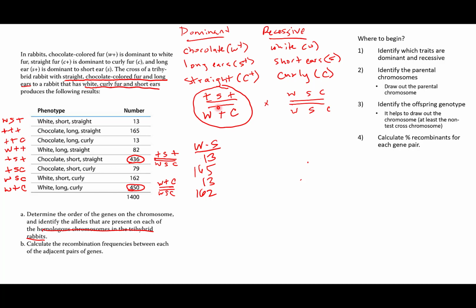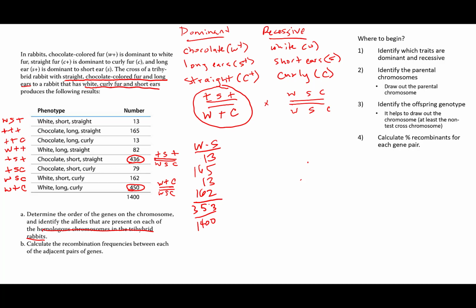So now I add these up. 13, carry the 1. 7, 8, 9, 15 plus 1, so 353. I will take that and divide it by 1400.